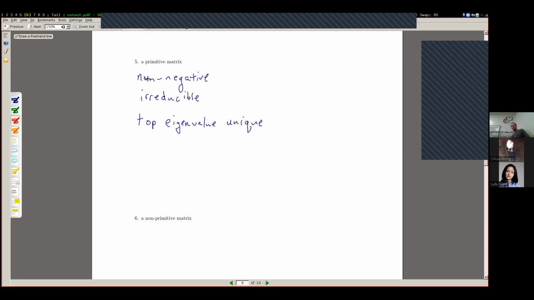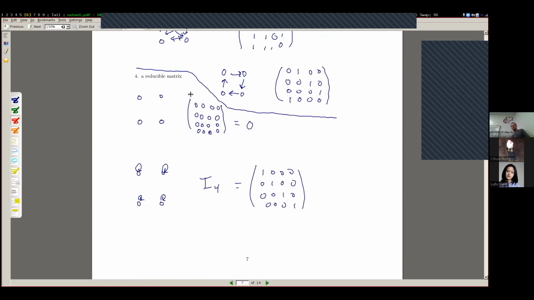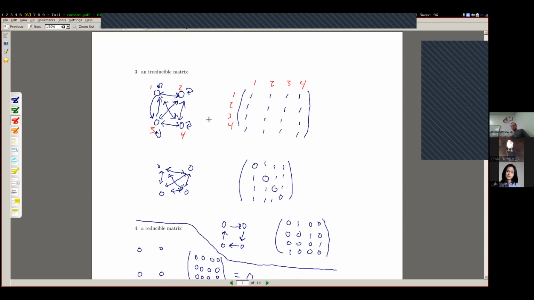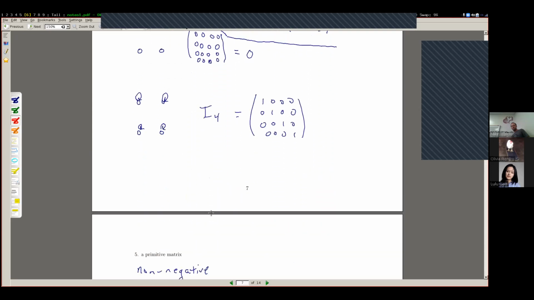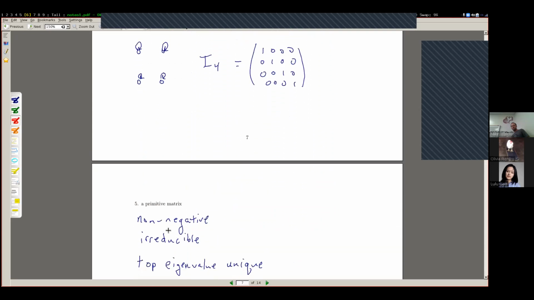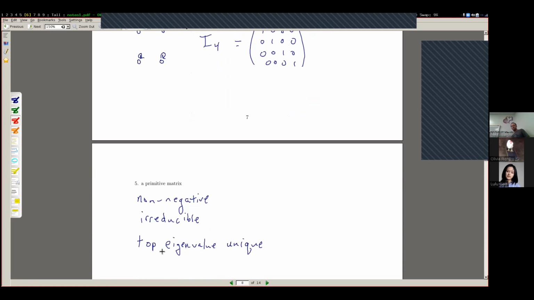For non-negative, all my examples up here of irreducible matrices are, in fact, non-negative, so any of those examples satisfies that. They're all examples of irreducible, so it satisfies that. And so it's just a question of, do all of those have a unique largest eigenvalue or not?